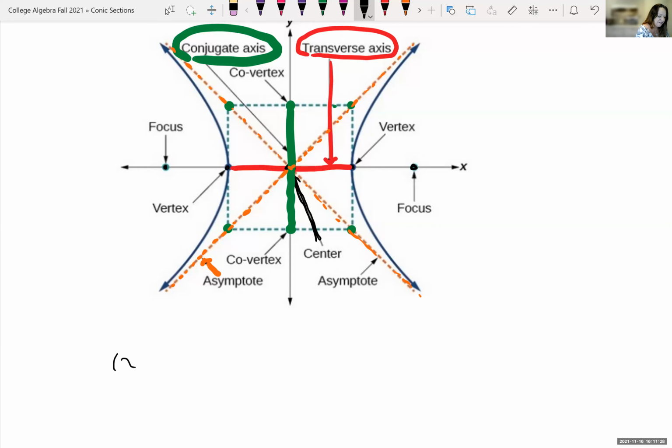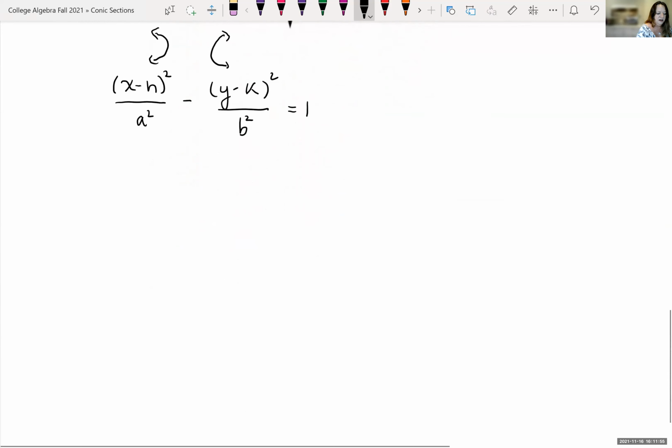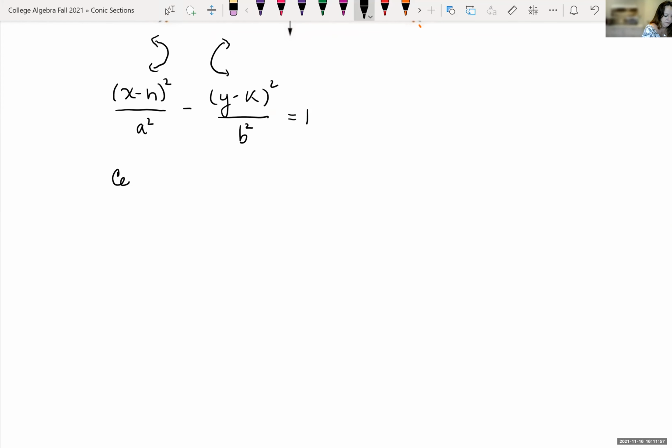We have x minus h quantity squared all over a squared minus y minus k quantity squared all over b squared, equal to 1. Again, this is if our hyperbola shape looks like this. In here, we have our center. Just like with a circle and the ellipse, it's the opposite signs. So our center here is at (h, k).